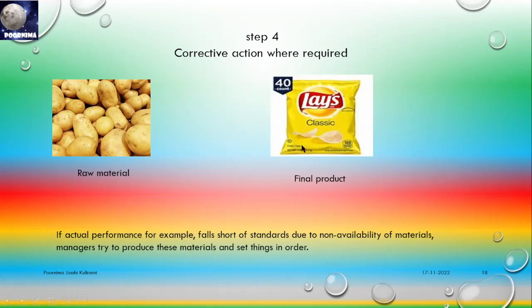If there is a deviation in producing the product, that is, if the company wants to produce 500 packets per hour, and there is a lack of production due to lack of raw material, then the manager should find the source of the raw material, that is the potatoes, and provide the raw materials to produce more final product.